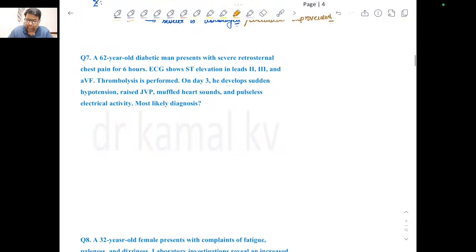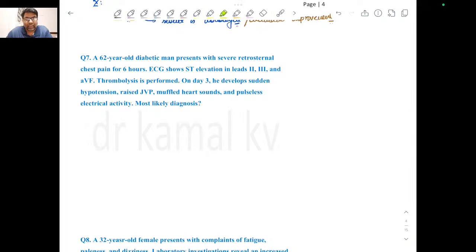The next question: a 62-year-old diabetic male presents with severe retrosternal chest pain for 6 hours. ECG shows ST segment elevation in leads 2, 3 and aVF. Thrombolysis performed.